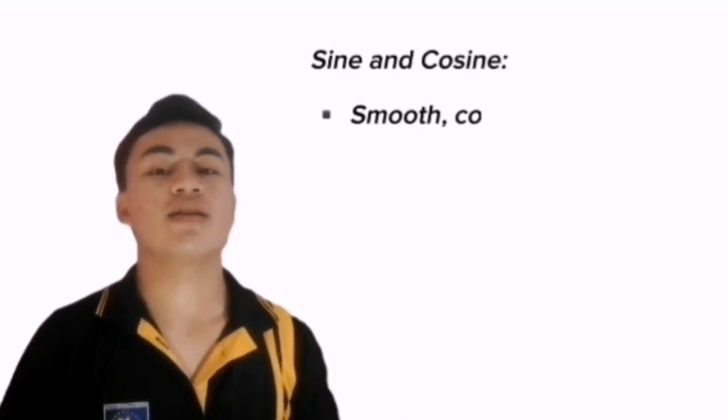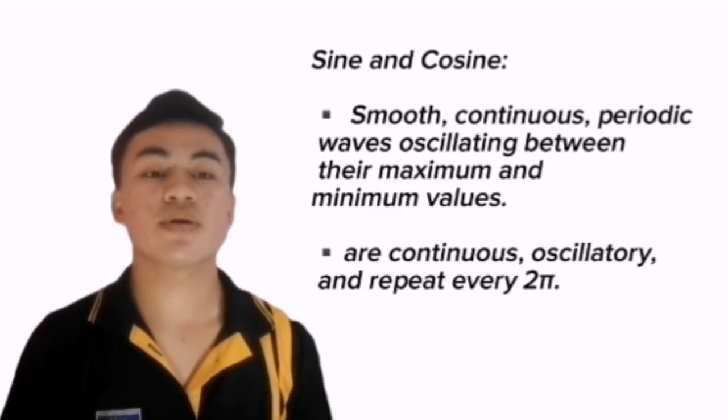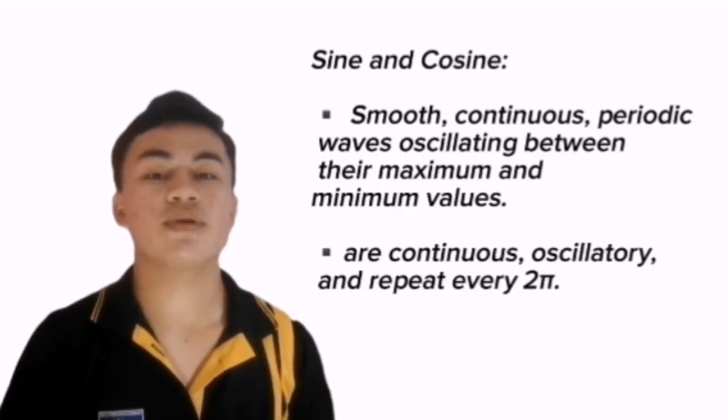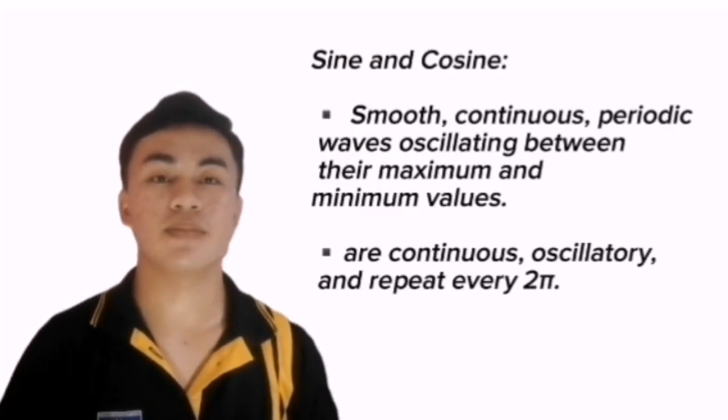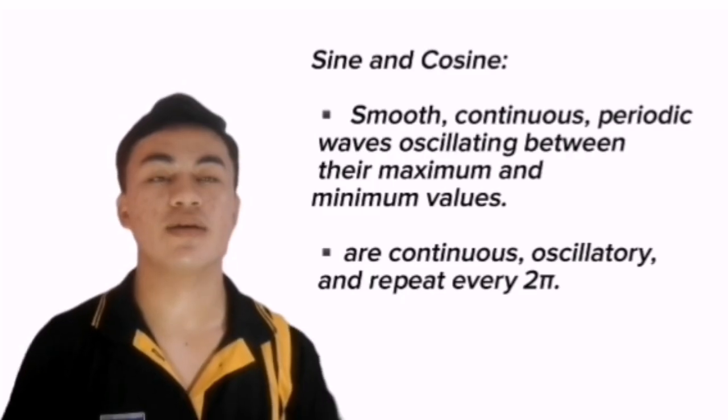Let's move on in analyzing the general behavior of trigonometric function graphs. Sine and cosine: smooth, continuous, periodic waves oscillating between their maximum and minimum values and repeating every 2 pi.